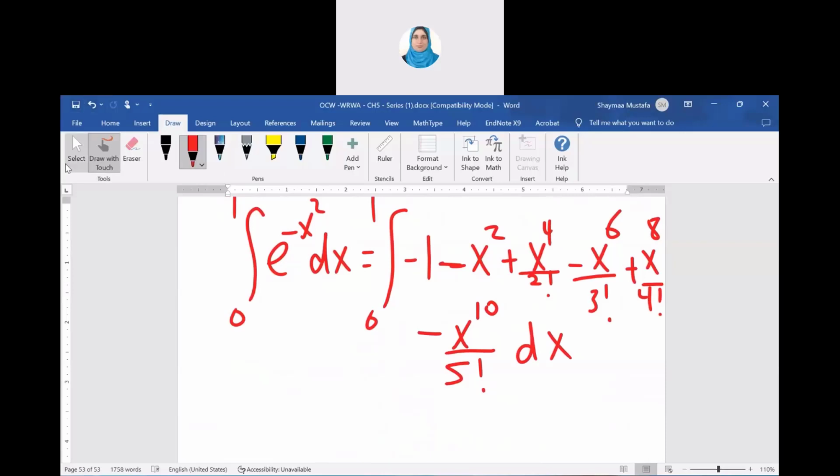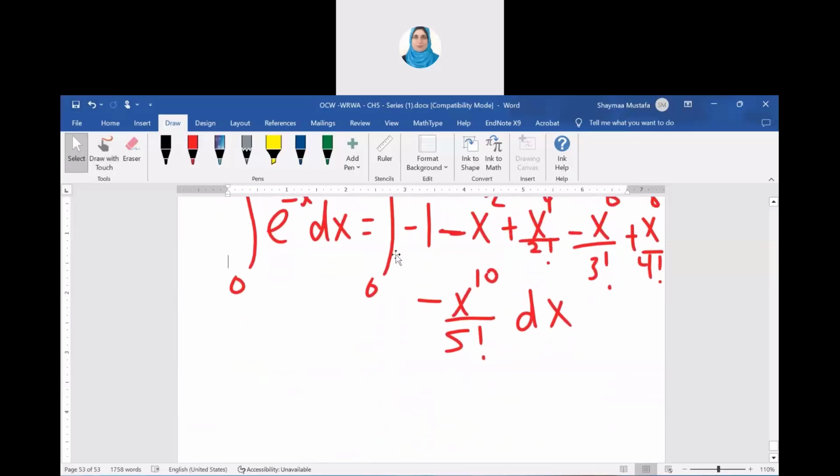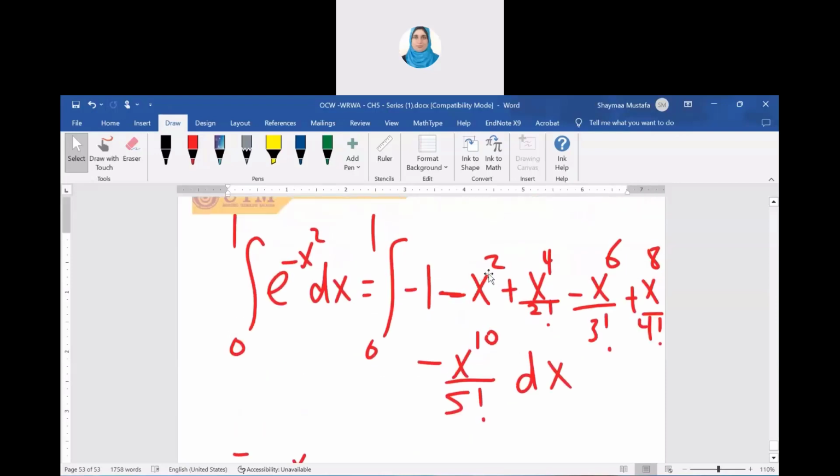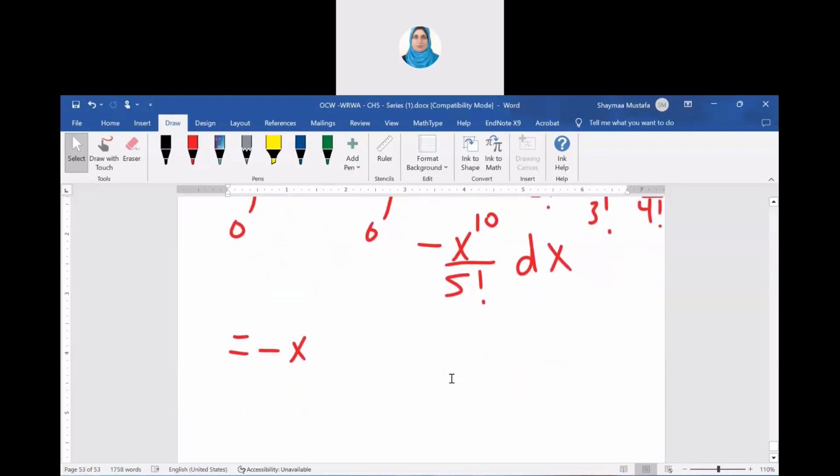So you need to integrate and substitute from 0 to 1. The integration of minus 1 is minus x. The integration of minus x squared is minus x cubed over 3.